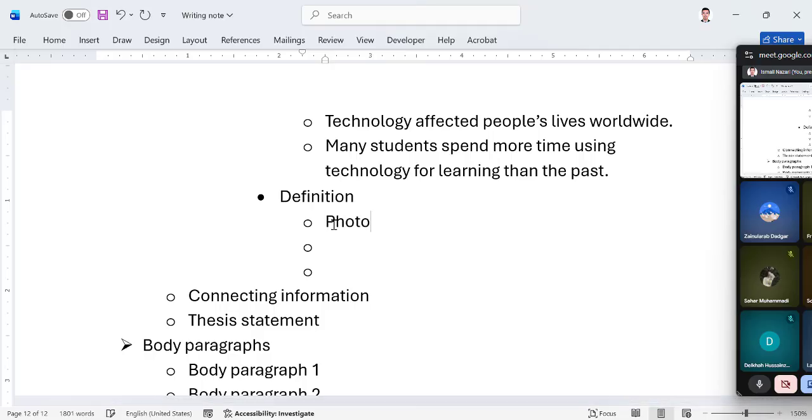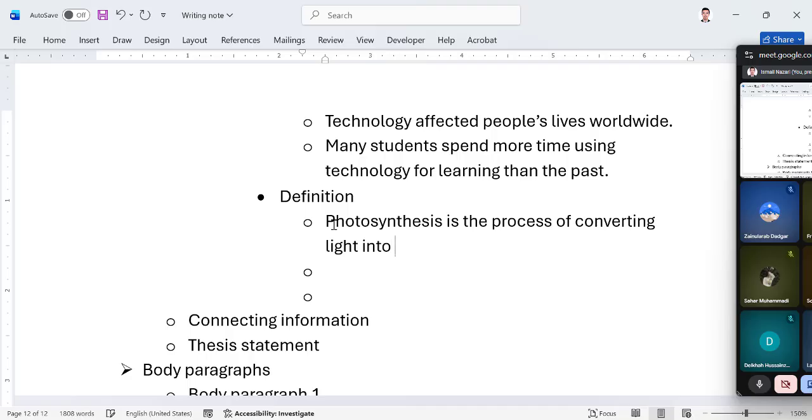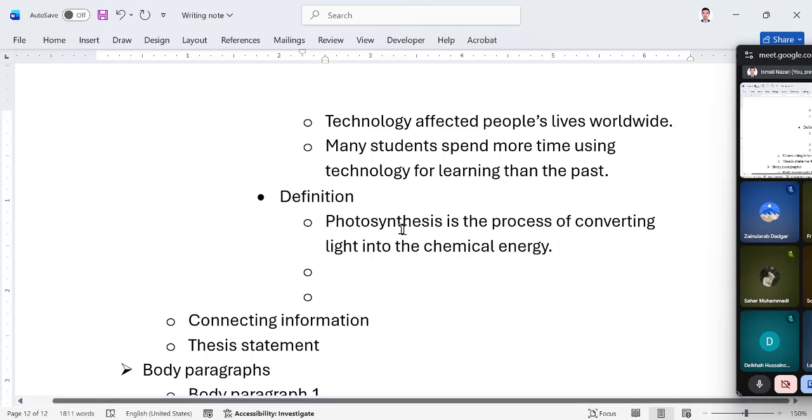Consider photosynthesis. Photosynthesis is the process, for example, of converting light into the chemical energy. So it can be a hook. It is a hook. So which kind of hook is used?